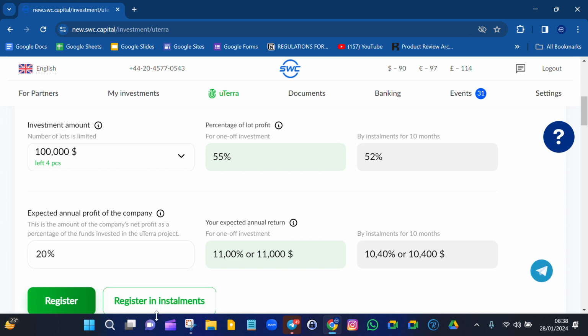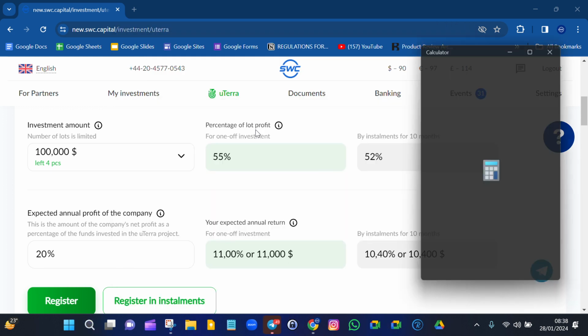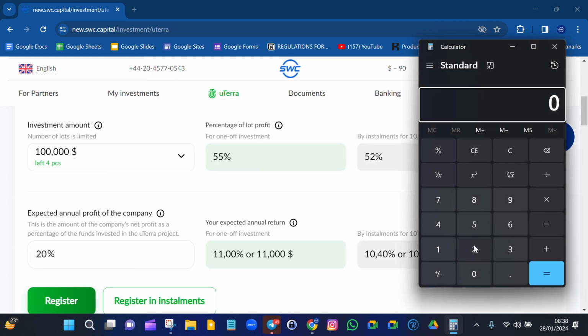Then 20% of $100,000, let me pull up my calculator. Okay, this doesn't work that way. Let me do it this way.